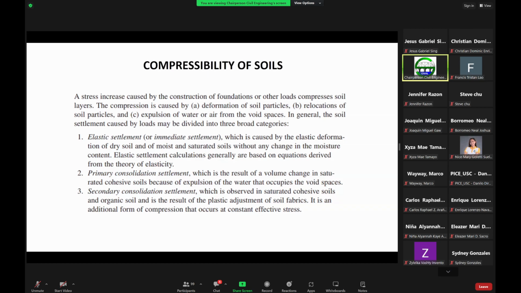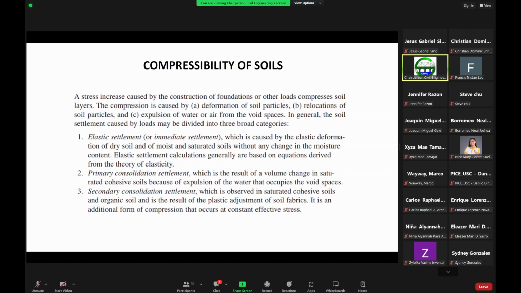So to begin with, with respect to static settlements, we have now this one here. So settlements can also be treated as compressibility of soils. So soils can compress. The effect of this compressibility is now the settlement.